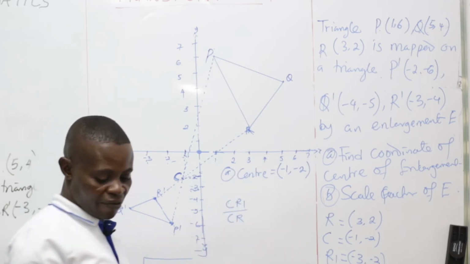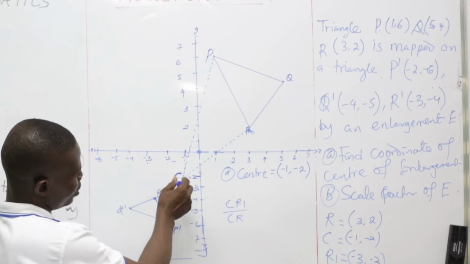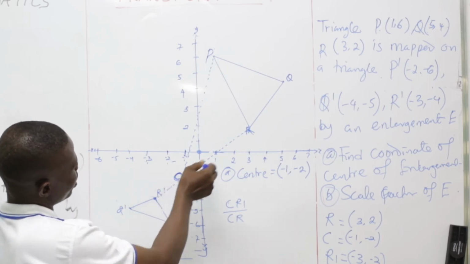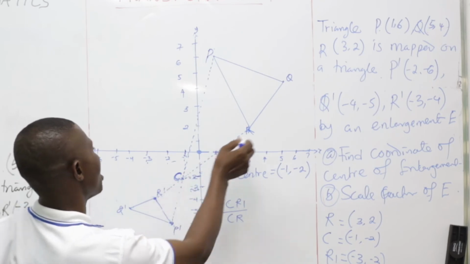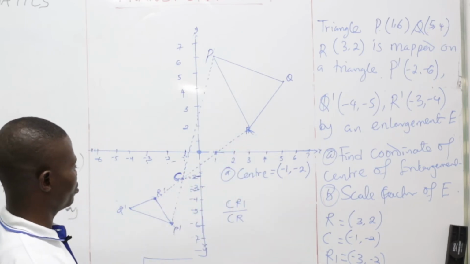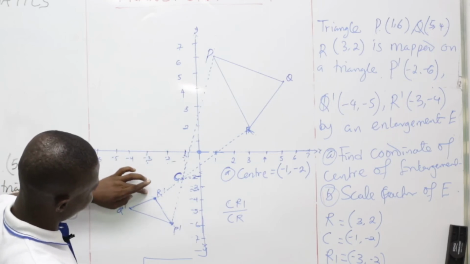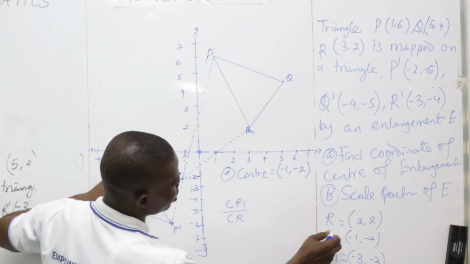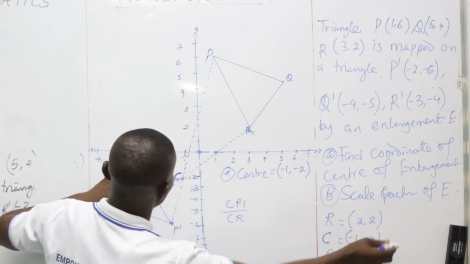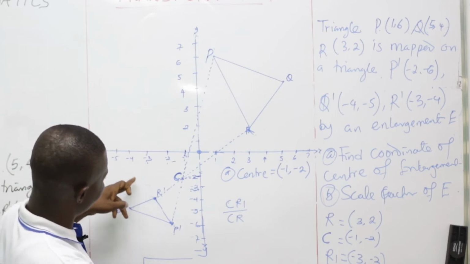We want to get the scale factor. Scale factor will have CR prime and CR. This is C, this is R. Our C, center of enlargement, is minus 1, comma, minus 2. Now R prime will give us what?